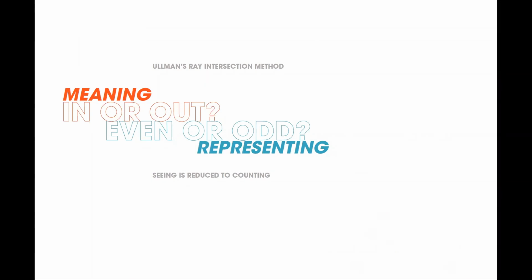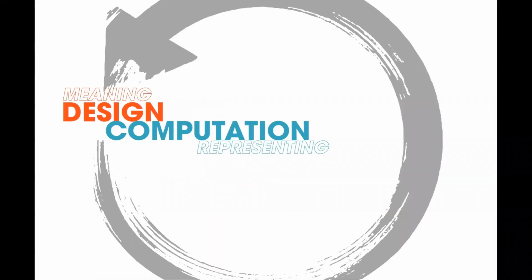There's a tension here because we are working on meanings and understanding, but we are talking about representation, which is a limited world. Meanings are about design, whereas computation deals with representations.